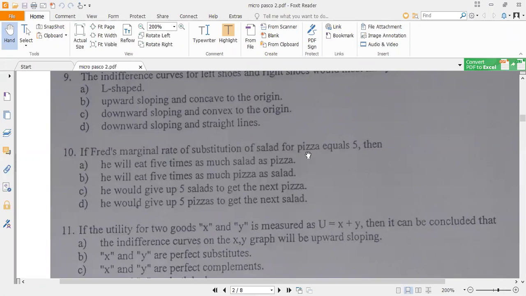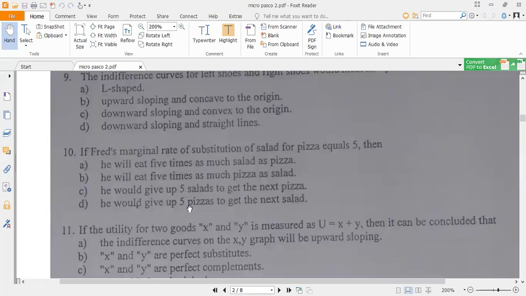So salad is X, pizza is Y, and the value is 5. This means that the person is willing to sacrifice 5 units of pizza just for an extra unit of salad. So that should be D.